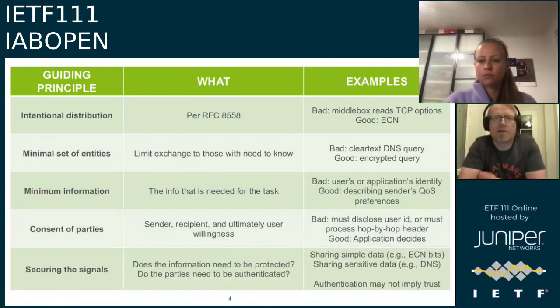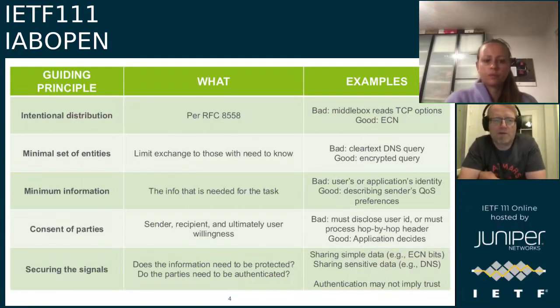Like obviously you don't want to necessarily communicate the user's real world identity to all possible parties on the path, but you might also not want to reveal the application's identity because that might lead to things like blocking particular applications or providing a preferential or negatively preferential treatment to some applications. But you might be doing things like describing that I have these preferences for my traffic, that QoS or some other treatment. And that might be completely okay.